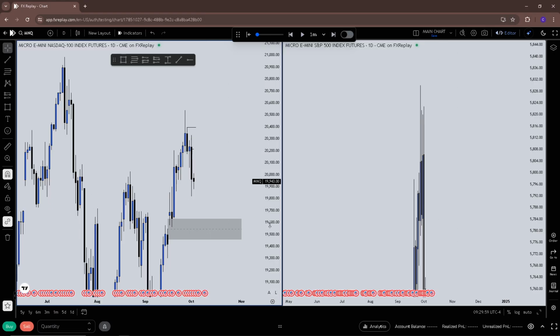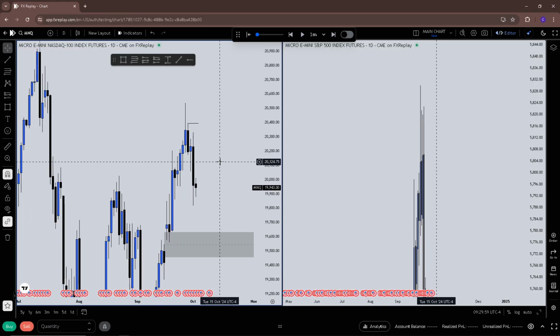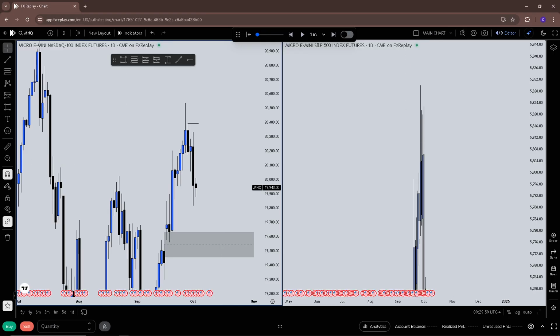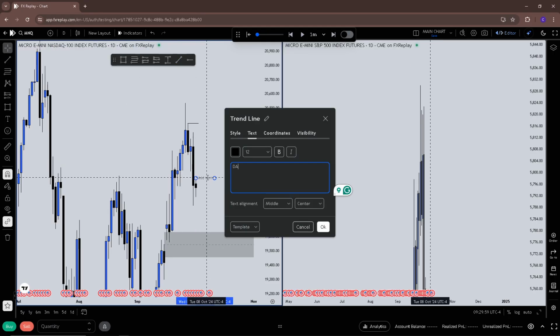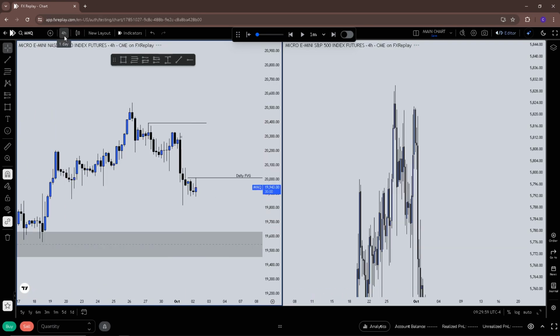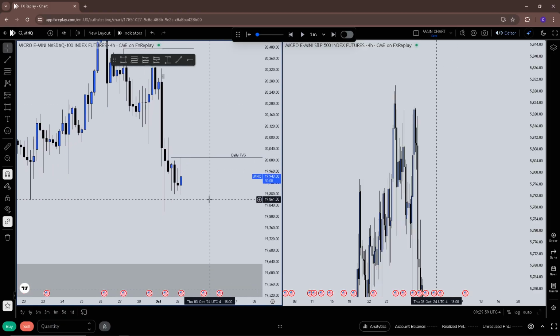On the daily, clearly trending lower. We just opened up before our daily fair value gap. Unfilled 4 hour above as well.